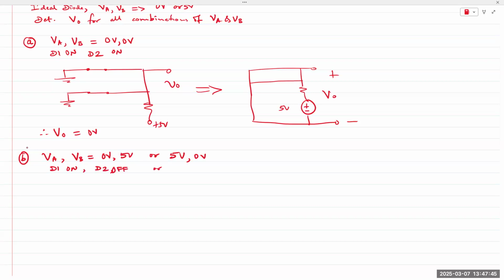And if they are 5 volts and 0 volts, D1 will be off and D2 will be on. For both combinations, VO is equal to 0 volts. If any single one of those diodes is on, it provides a direct path to ground, and so VO will always be 0 volts.